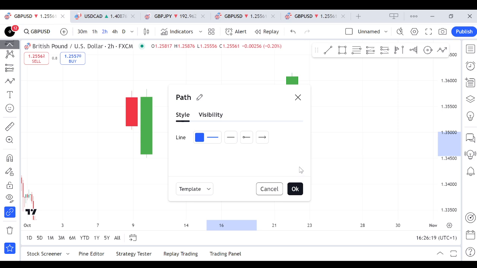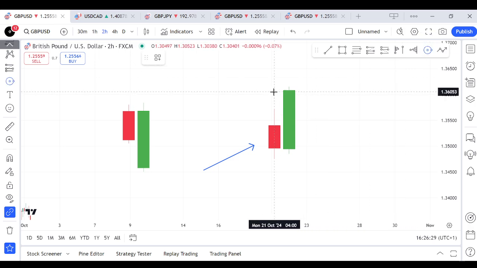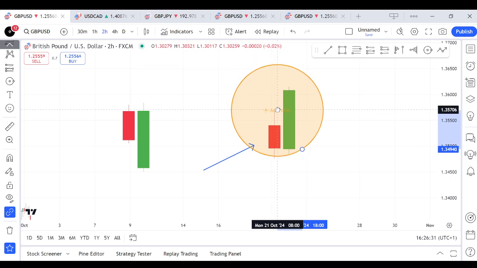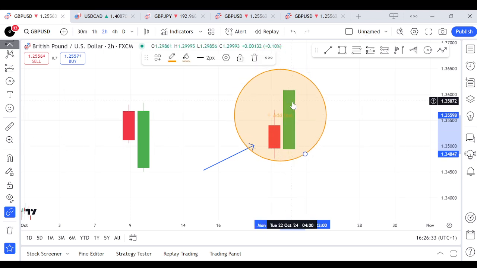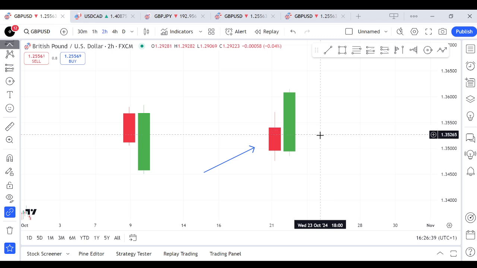And this pattern suggests that buyers have overwhelmed sellers, potentially signaling an upward reversal, as you can see right here, where the bullish candle totally engulfed the bearish candle, signaling that the buyers have overwhelmed sellers, and we could be looking for a push to the upside.